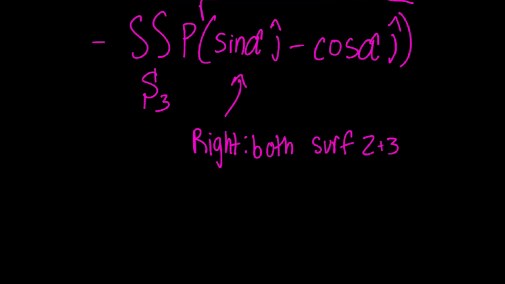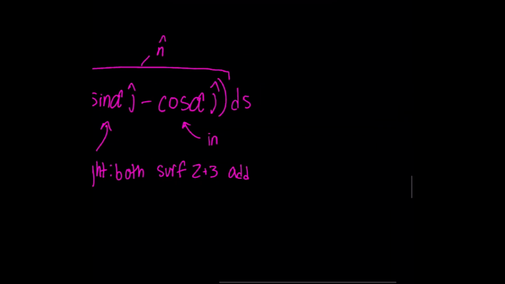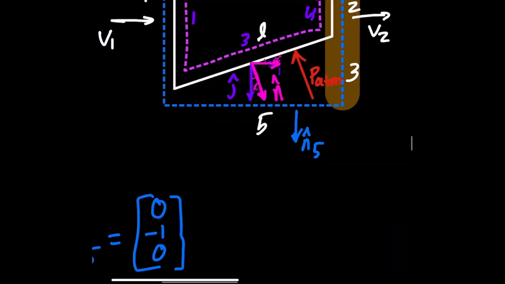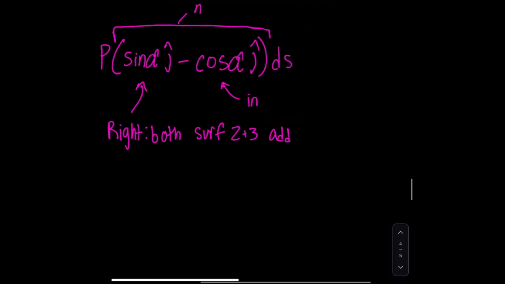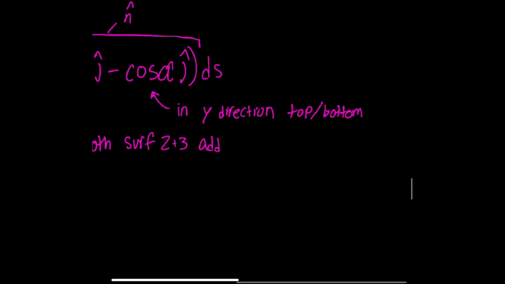But in the x direction right here, they both go to the right and they add. See, both unit vectors have a x component to the right, and then both of them have equal and opposite components up and down. So the y component of the top surface and the bottom surface cancel.